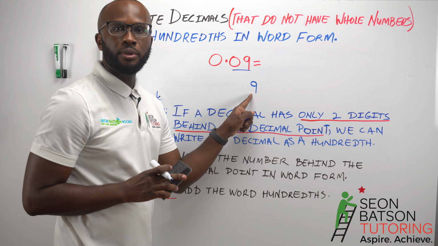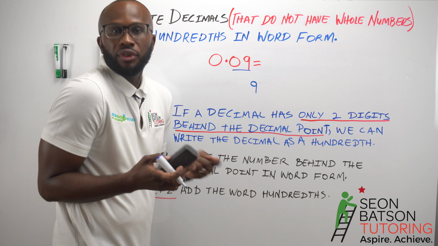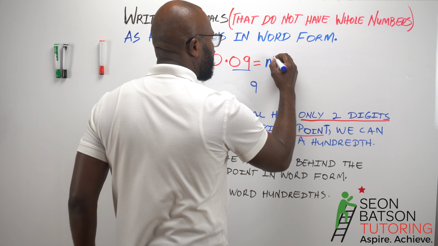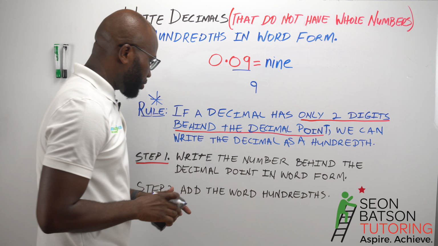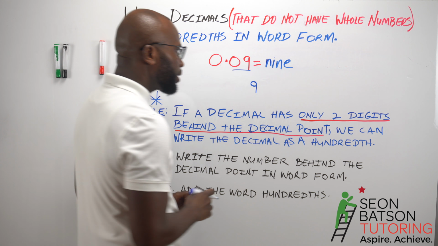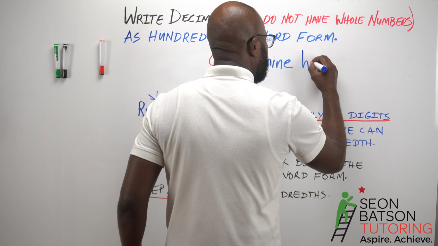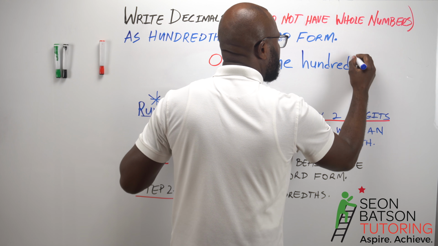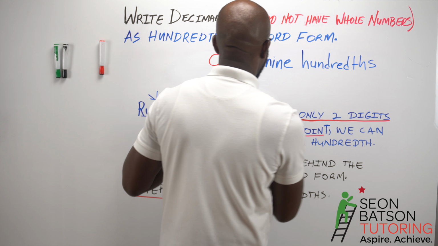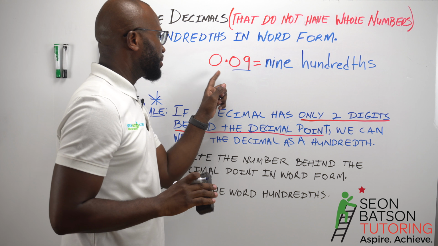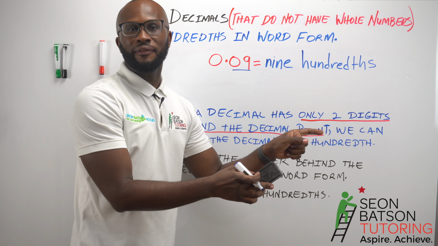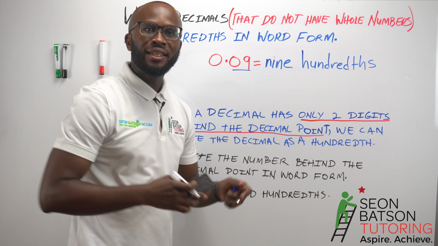So this number is really 9. So we will write 9 first. And then step 2, we do what? Add the word hundredths. Yes. So if you were to see 0.09, you would say 9 hundredths, or you would write 9 hundredths.